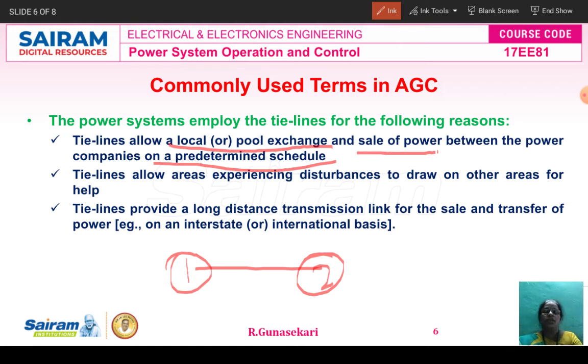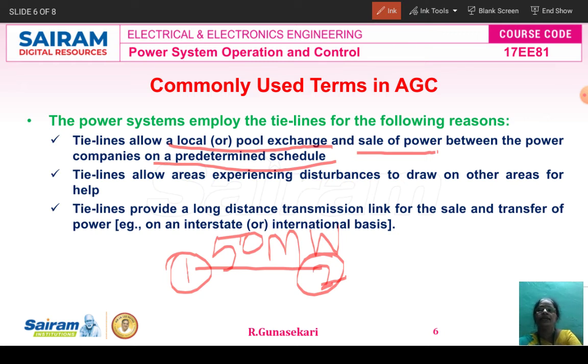Suppose we have already designed a 50 megawatt exchange or sale between power systems 1 and 2, either 50 megawatt sold from system 1 to 2 or 2 to 1, otherwise 50 megawatt bought from 2 to 1 or 1 to 2. That is the predetermined schedule.